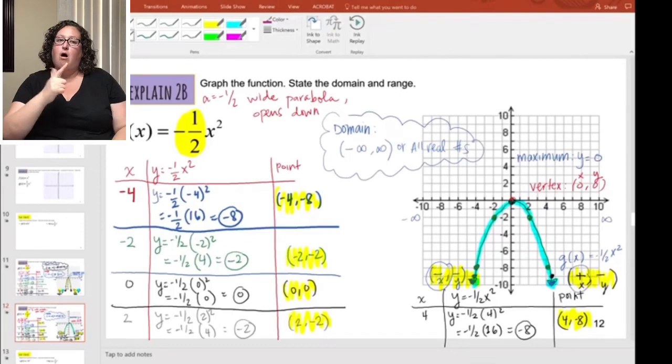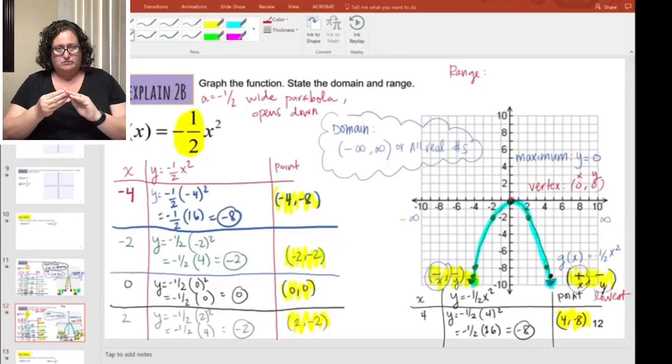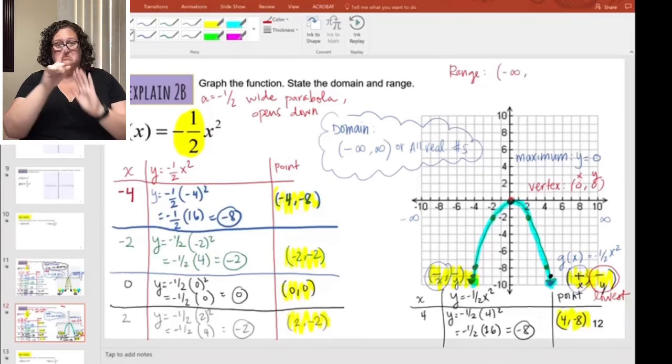For the range, we need to look at our y values. So the lowest y value is unknown. Our lowest y value is at negative. We don't know the exact number, so we'll put negative infinity. And we know that our highest y value is at 0.